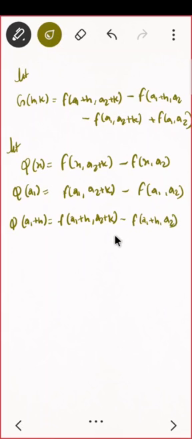Correct? So can I write my g of hk now in terms of phi? Yes, because I have some values now. So what is g of hk? That is equal to phi of e1 plus h, and what about the rest?